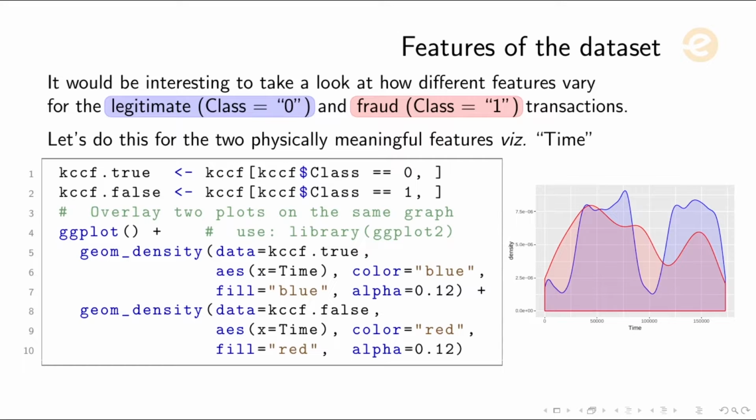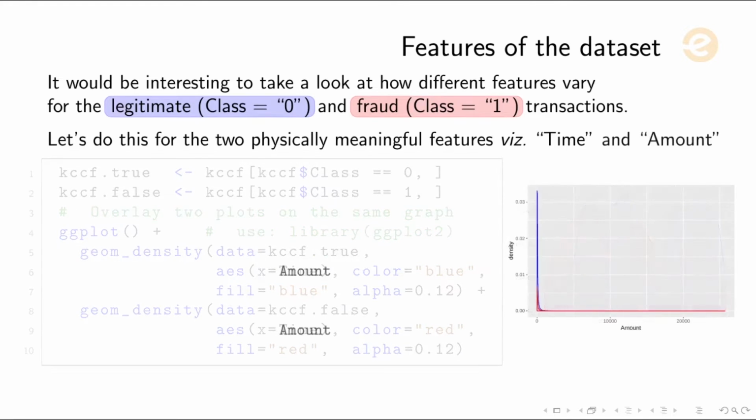Now if we do the same thing for the amount, we just have to replace the time in these two lines by amount, and we get a plot of this kind. Hey, what kind of plot is that?